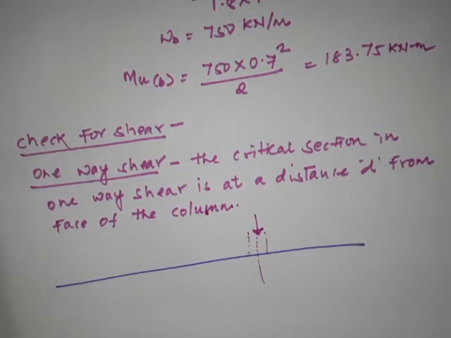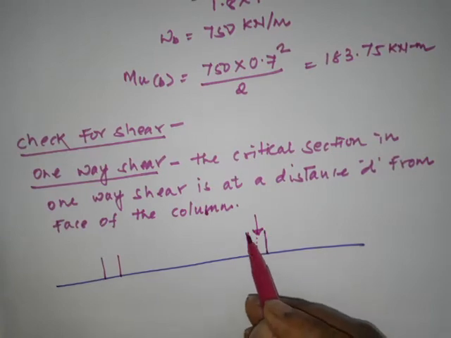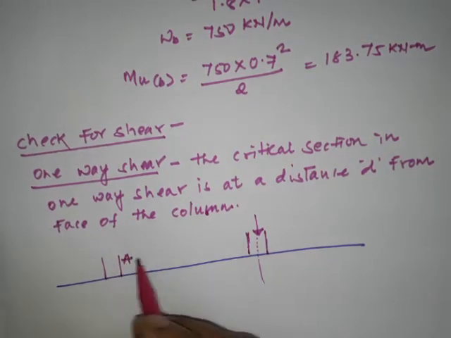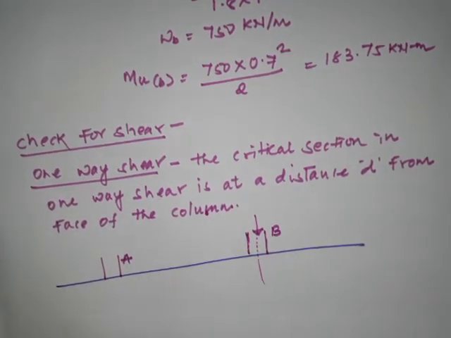Here we have column A, this is column B, so this is A and this is B, and below that we have the upward pressure right here.